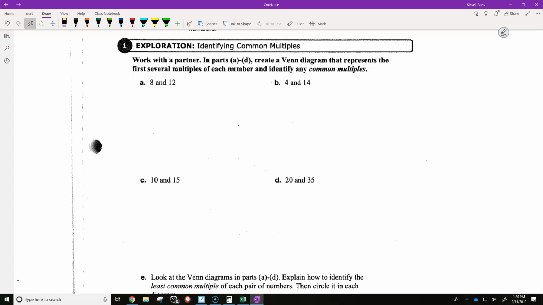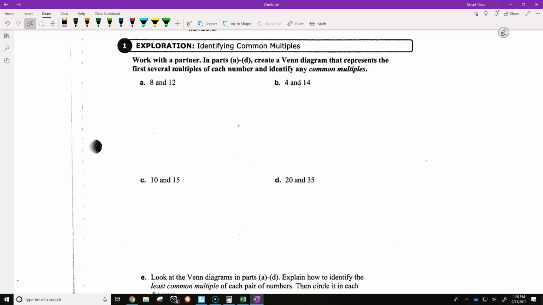Mason? A multiple is a number that you get by multiplying two numbers together. Good. That's the product. I thought that was the product. And it is. It's like the product.